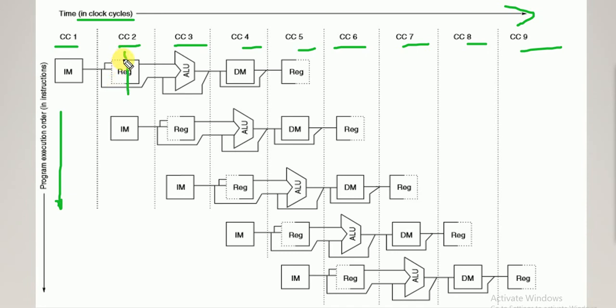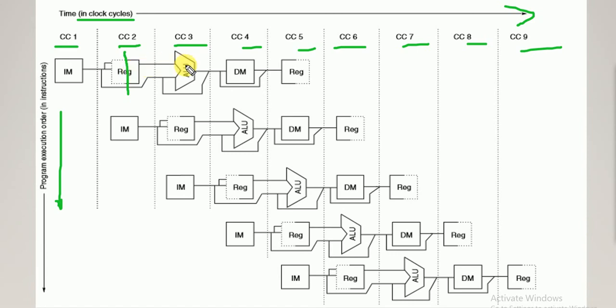That indicates the division of that register into two different parts in the same clock cycle. One portion is for writing. Instruction decode is not doing writing, it is doing reading. That is why the right side is given a bold line.